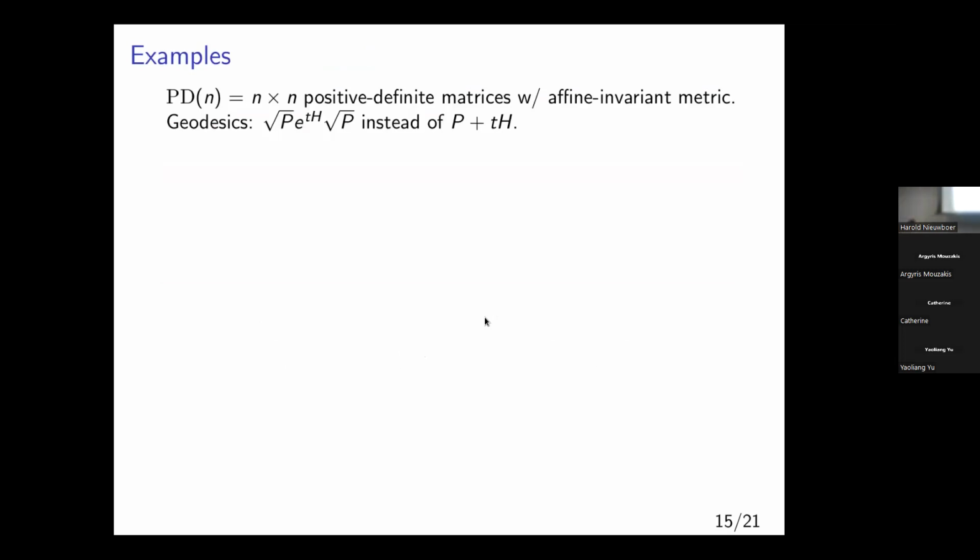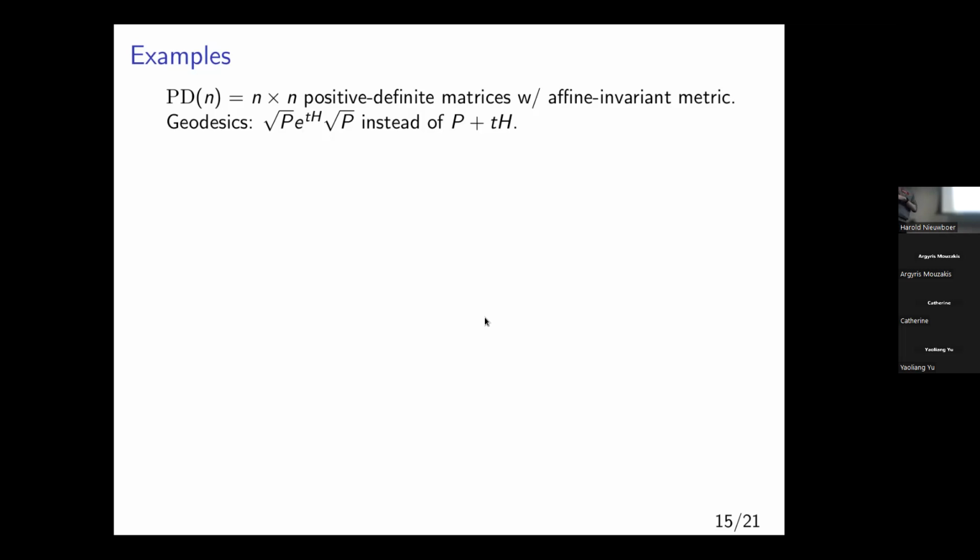So we have a bunch of theory, and theory is great, but what is theory without examples? For our scaling applications that we're interested in, the domain of optimization looks something like these positive definite matrices with this affine invariant metric.